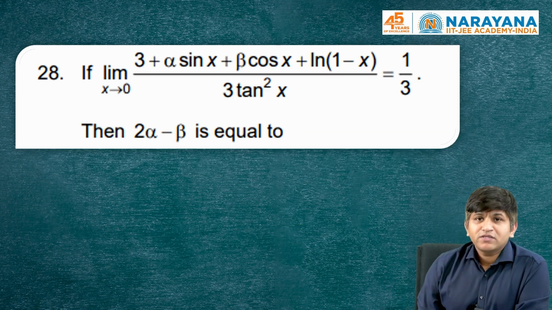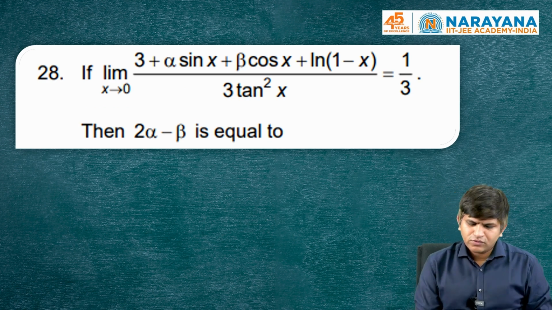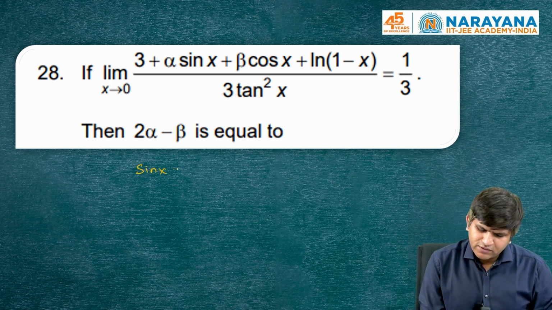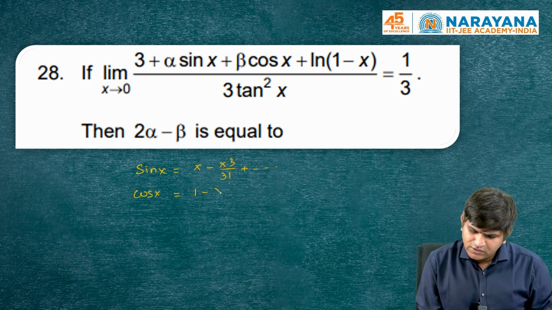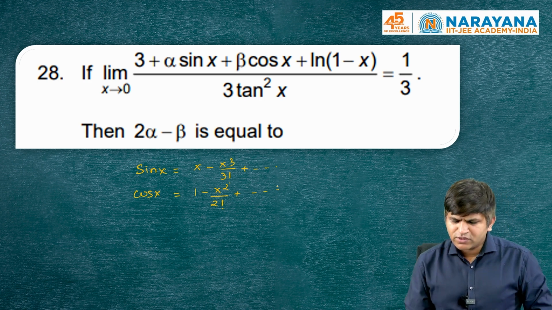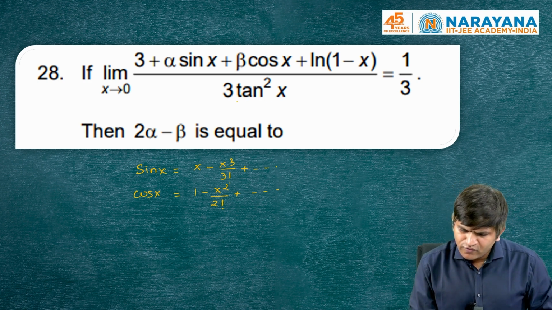So this problem is based on the expansion. So we know that the sin x expansion is x minus x cube by 3 factorial and so on. Cos x expansion will be 1 minus x square by 2 factorial. Rest of the terms I am not writing because it is not needed. So first of all, we just divide by x square and multiply by x square, so we can use this as 1.